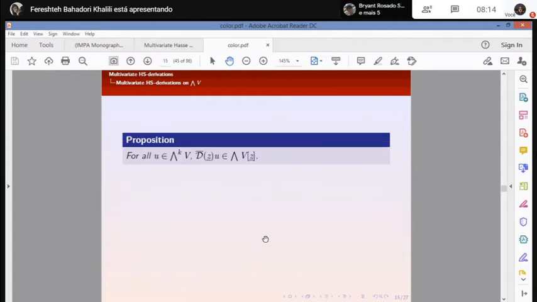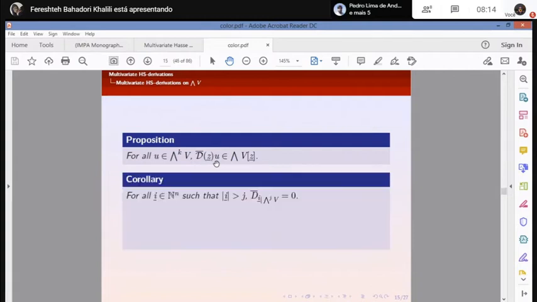Then if U is an index, the power of the exterior algebra, this D bar ZU is just a polynomial with coefficients in wedge V. This is not a power series. Here, D bar Z is finite. And as a consequence, if the length of our index is greater than J, then this Jth power of V is in the kernel of D bar I, which means this is equal to 0.